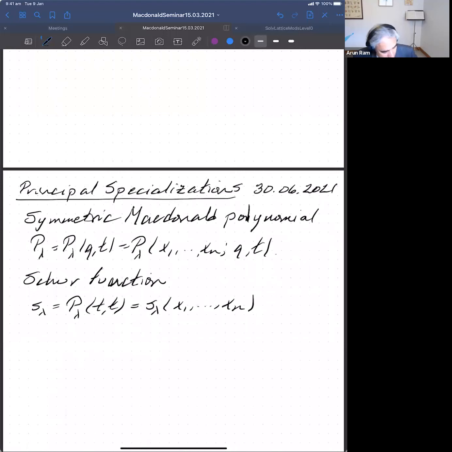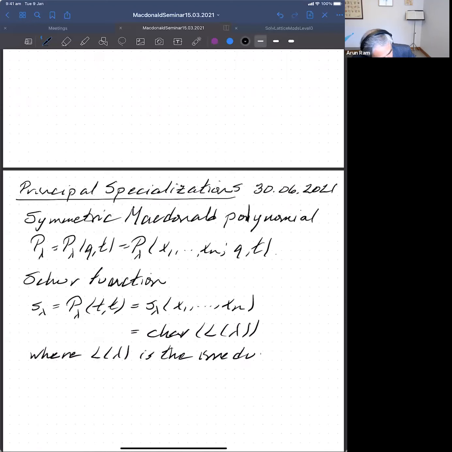Okay, so well, I can go all the way back to the beginning when I was in graduate school. I thought this was the most amazing fact that I could imagine, that this Schur function, which is defined just purely in terms of determinants, is equal to the character of L lambda. So L lambda is the irreducible integrable GL_n(C) module of highest weight lambda.